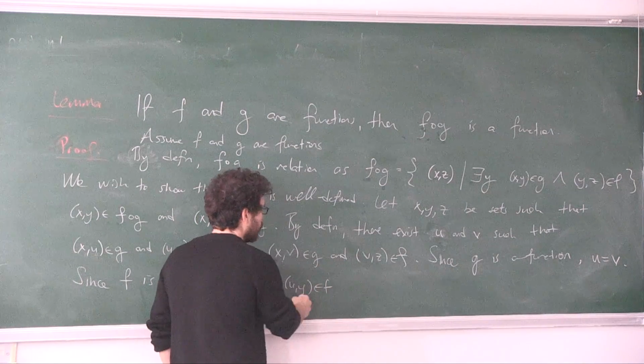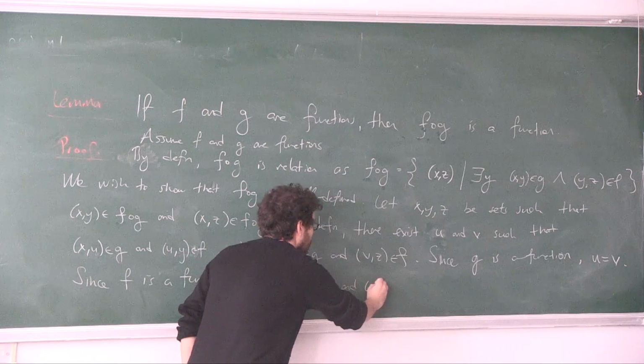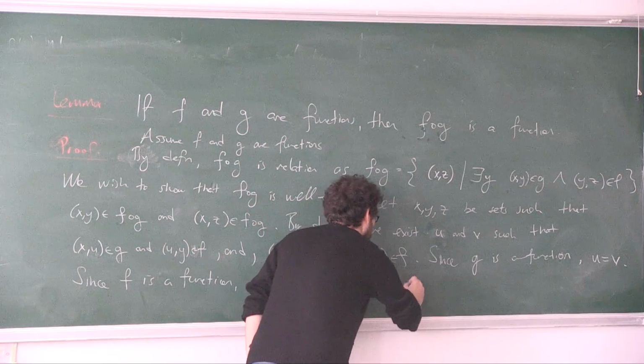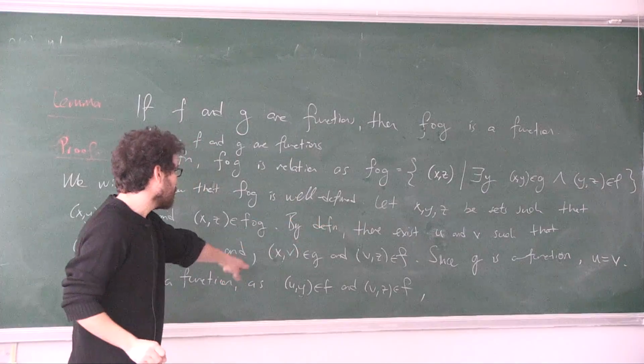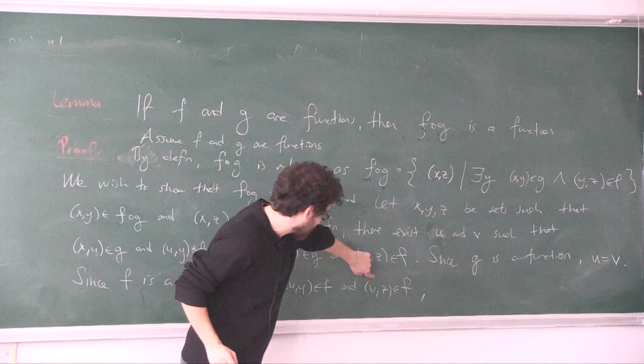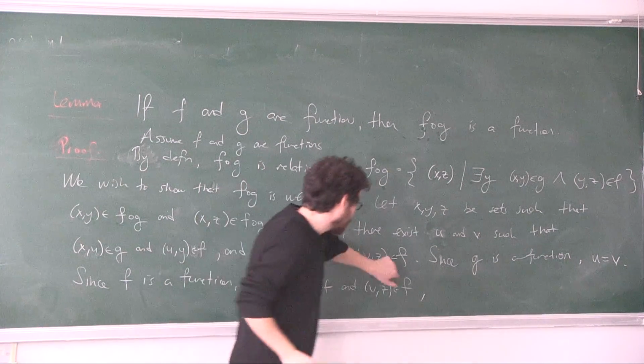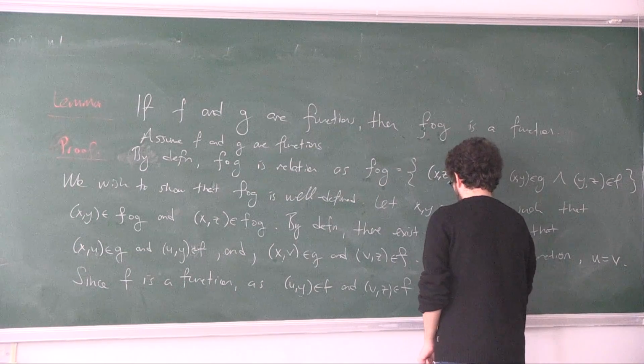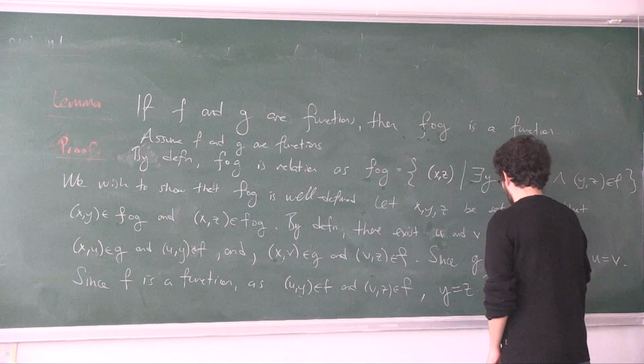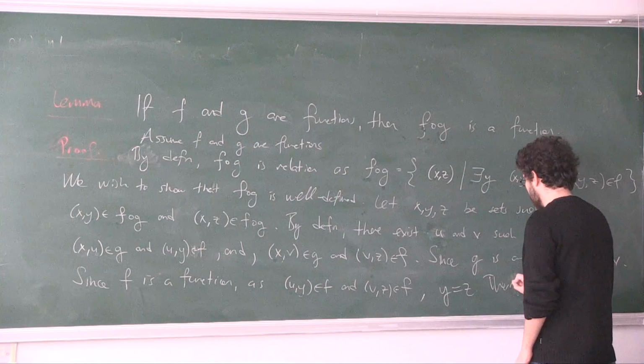You see, I knew that (u,y) belongs to f and (v,z) belongs to f. I just proved over there that u equals v, so these two guys are the same. Because f is well defined, their second components are the same. So y turned out to be z.